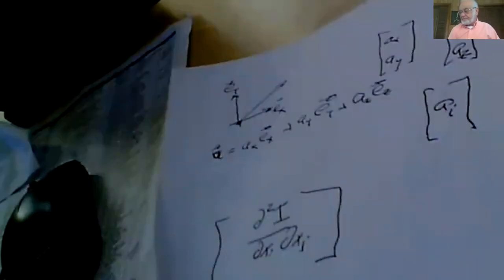So I may choose to write this tuple as A sub I, meaning A1, A2 if we're in 2 space, or A1, A2, A3 in 3 space, or if you will, AX, AY in 2 space, and AX, AY, AZ.